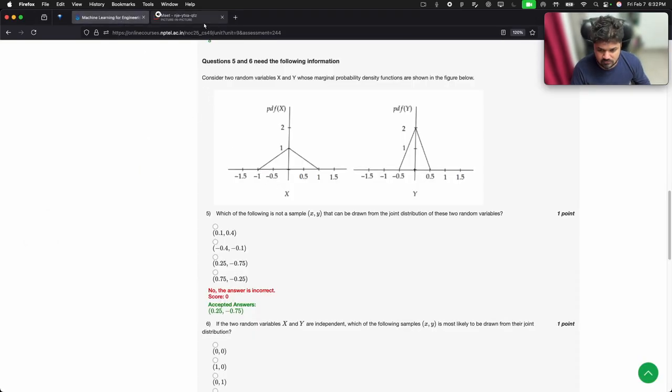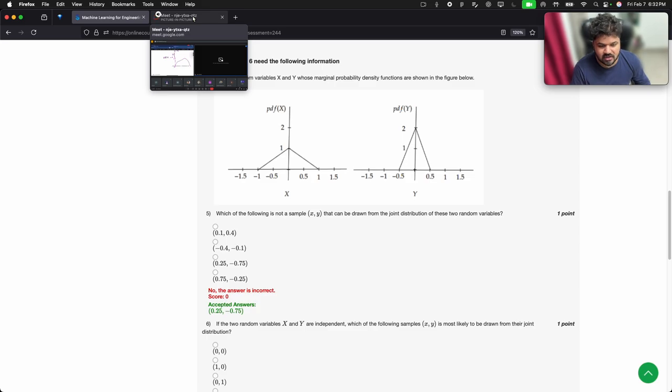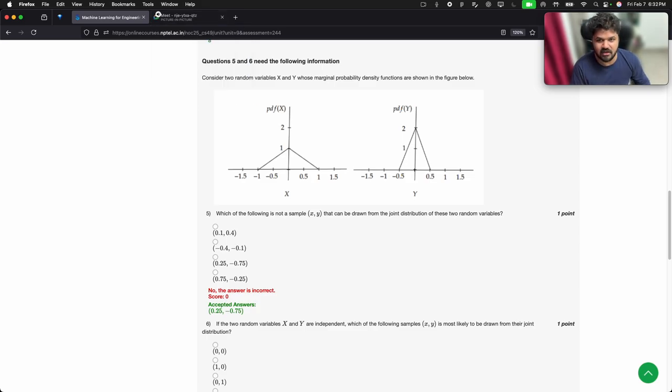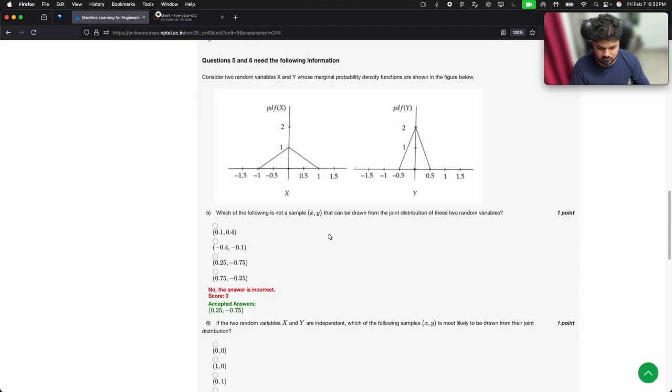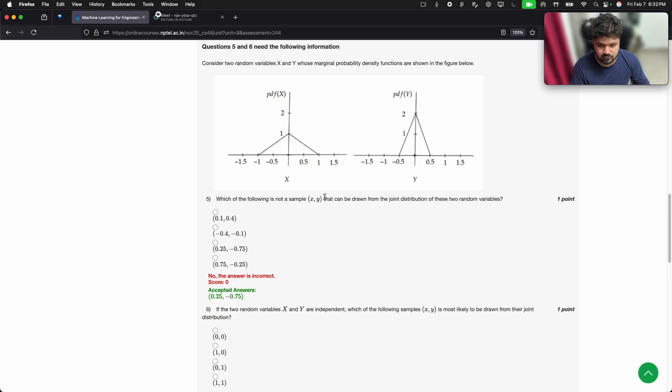At the origin it will reach 2, but the probability should be in the range, right?